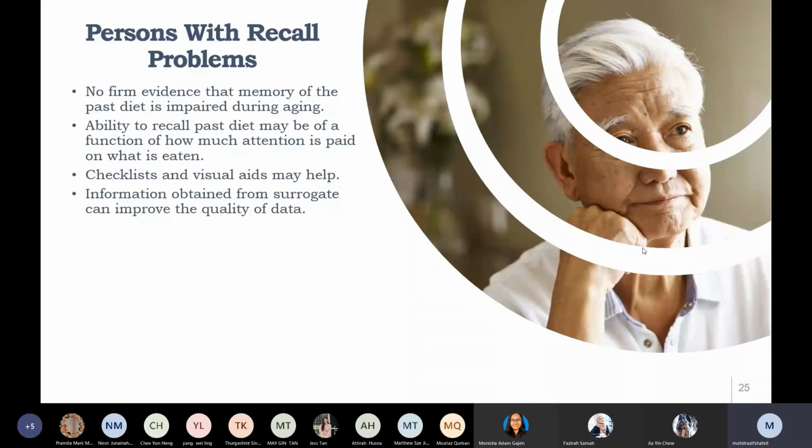We use checklists so that the respondent would not overlook or forget to recall the foods. You can also use visual aids like pictures of foods, which might help them recall their diet. Information obtained from a surrogate can also improve the quality of data among persons with recall problems.